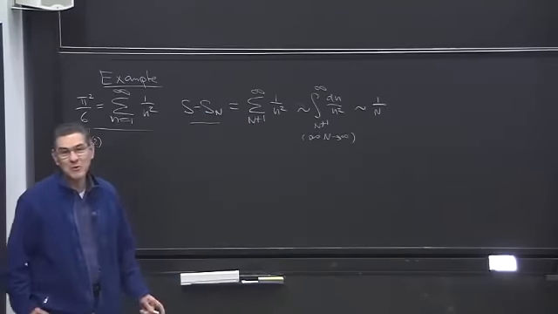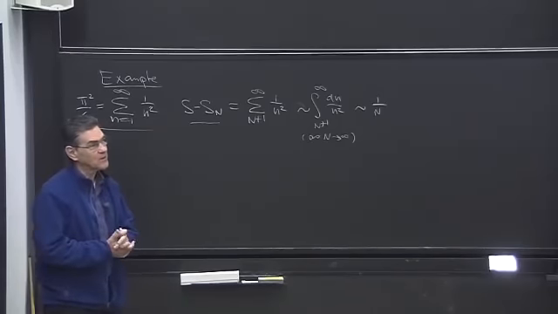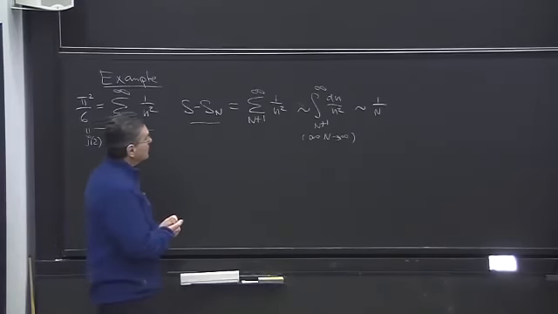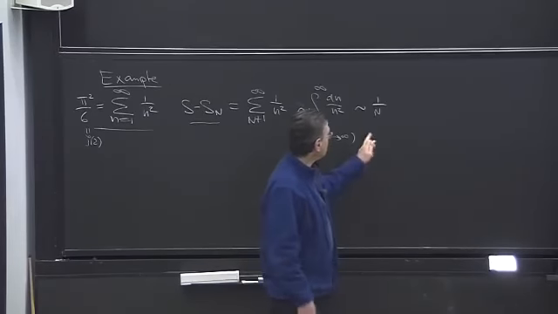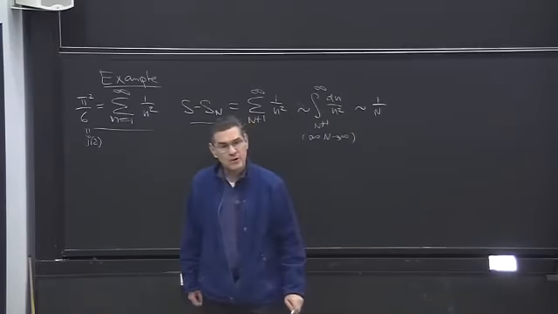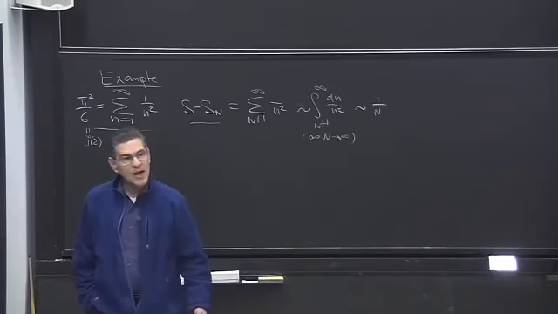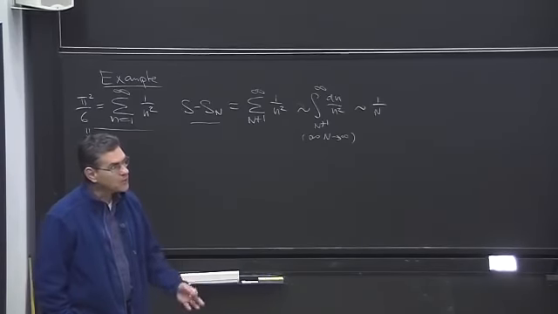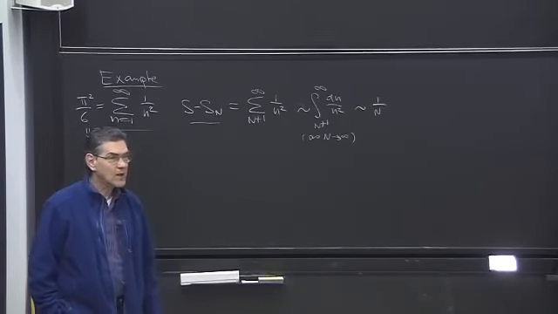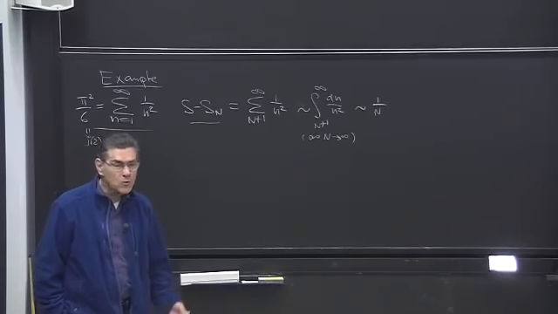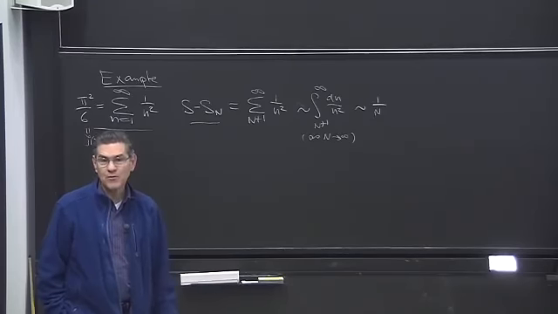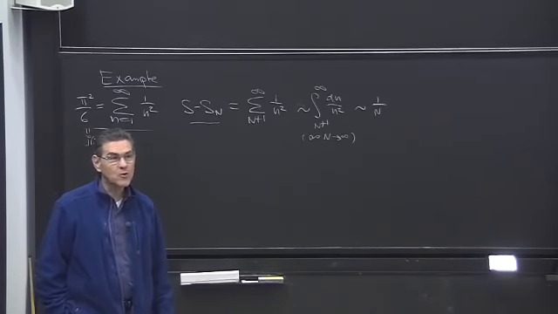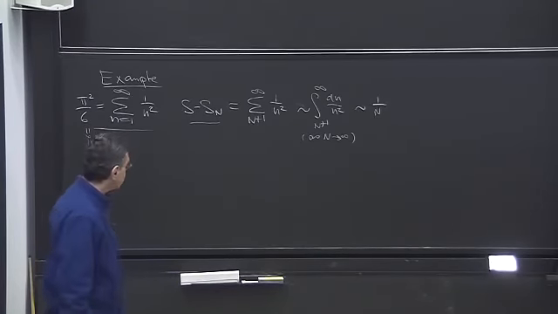What's the difference between n and n plus 1? Between friends, I mean. So what this says is that if you add up 1,000 terms in the series, the answer is only accurate to one part in 1,000. If you add up 1,000,000 terms, it's only accurate to 6 decimal places. That's not very impressive. So the question is, can we do better?